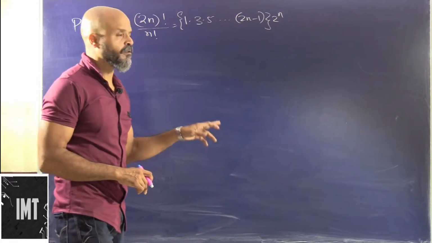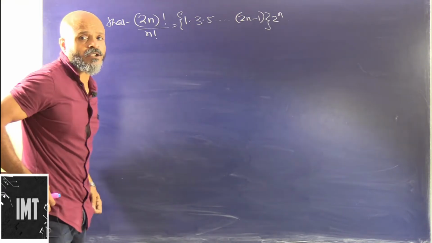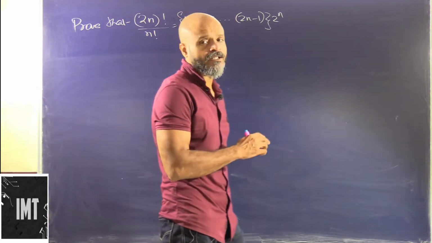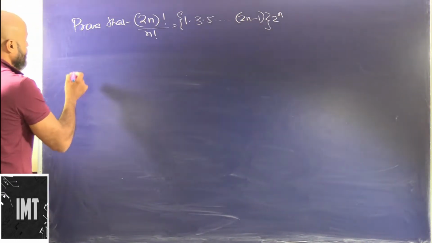Okay, so we have this problem here in which it is required to prove that factorial 2n by factorial n is equal to 1 into 3 into 5 up to 2n minus 1 into 2n. So let's do this.